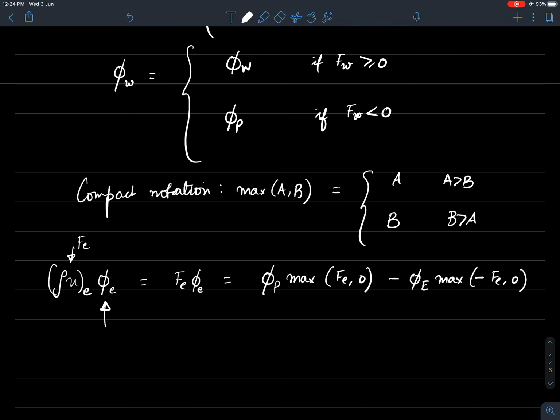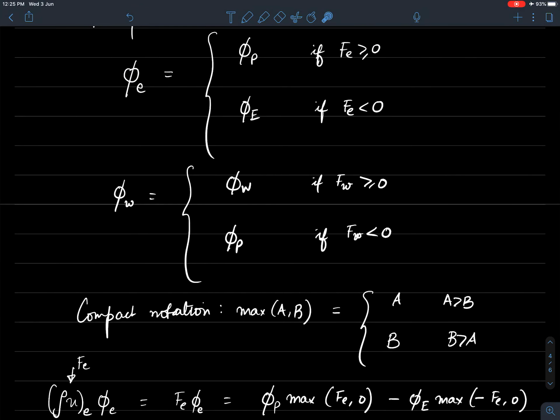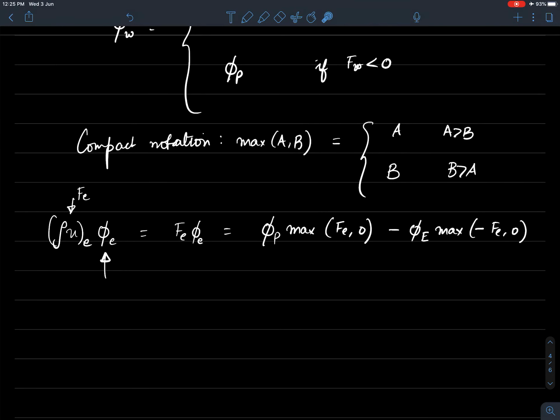And why does this work? Think of it this way. If fe was greater than 0, then the first function will give you fe only, so this will become fe into phi p. And if fe is greater than 0, minus fe becomes a negative number, so 0 becomes the maximum of the two, and this term becomes 0. So fe phi e becomes fe into phi p, which is precisely what we are saying here: phi e should be equal to phi p if fe is greater than or equal to 0.